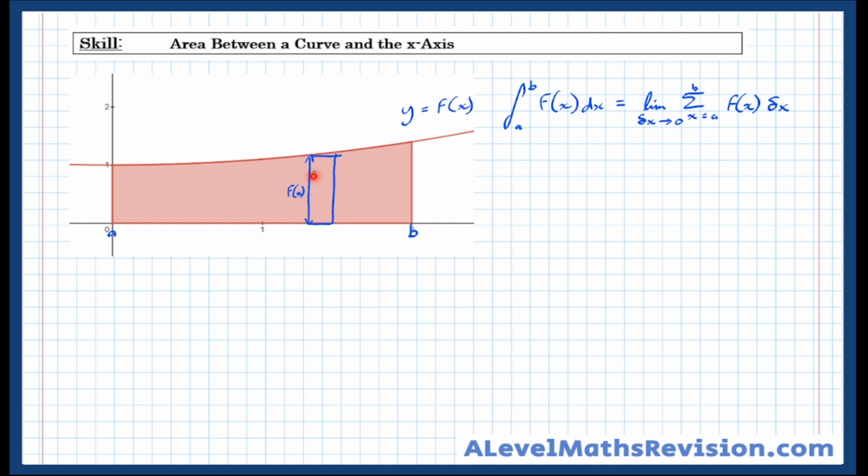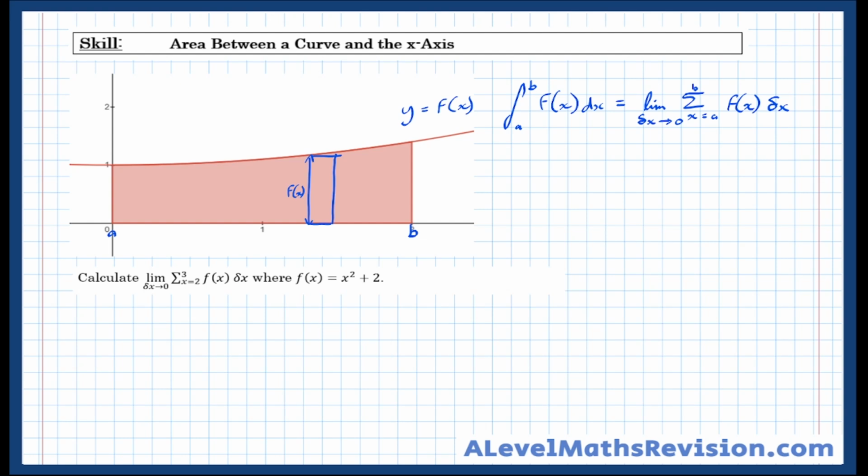So we're saying f of x multiplied by the width of the rectangle. And we're making these rectangles smaller and smaller to the point where they're infinitely thin, i.e. have width 0. So when we have an infinite number of rectangles that are infinitely thin, summing their areas is the integral.